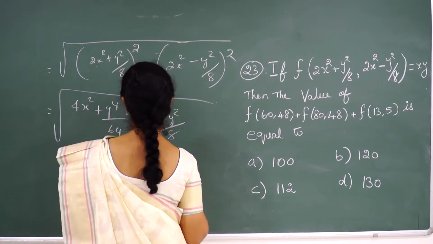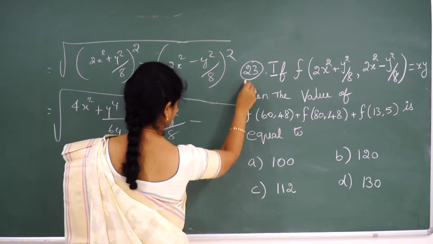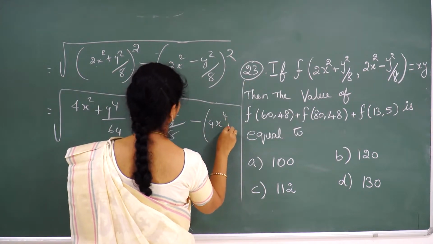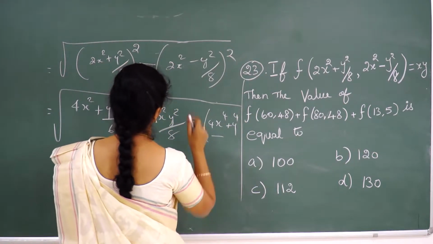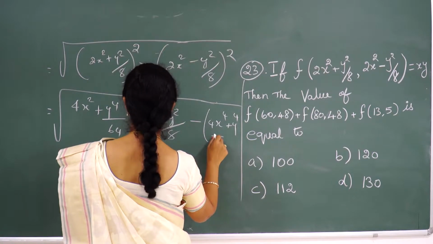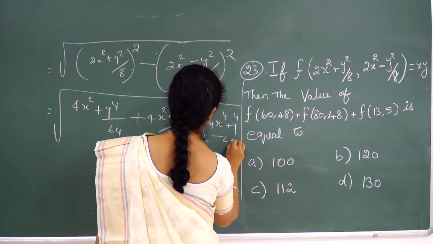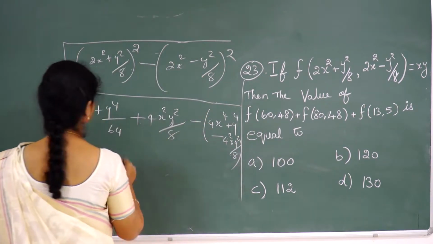Okay, next this term, you get minus, simplify 4x square, x power 4 plus y power 4, minus, here you must get plus sign, so minus 4x square y square by 8. Okay, so cancel these two terms.